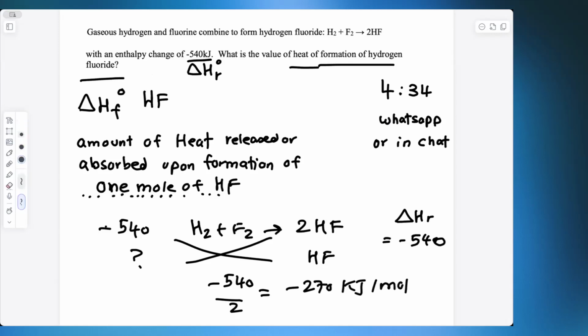Take care: the unit is per mole for the enthalpy of formation, but for the enthalpy of reaction, as you noticed, he said here minus 540 alone. He did not say per mole. So again, for the enthalpy change of the reaction, you are not required to say per mole, because this is just the amount of heat released or absorbed upon the reaction done.